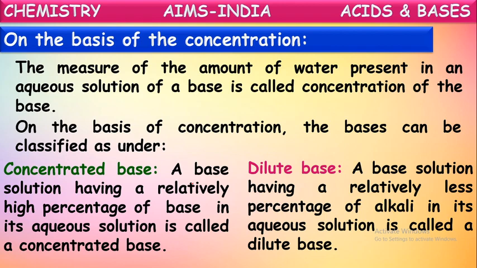A base solution having a relatively less percentage of base or alkali in its aqueous solution is called a dilute base. So, in a base, if the quantity of water is much larger than the quantity of base or alkali, then that base is said to be a dilute base. Here, the word dilute or dilution represents addition of water. So the dilute base means the base which contains more quantity of water in it than the quantity of base. It's called a dilute base.